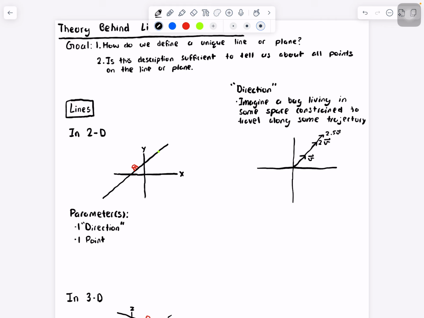I could have negative 1/2 times this vector. I could have negative pi of this vector, so that'd be like 3 and a bit. And you get the point. So I'm looking at linear combinations of v, which is just scalar multiplication.